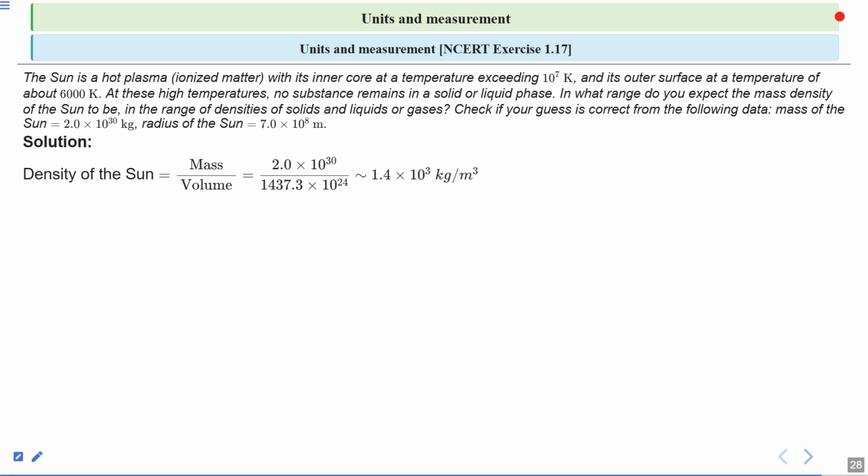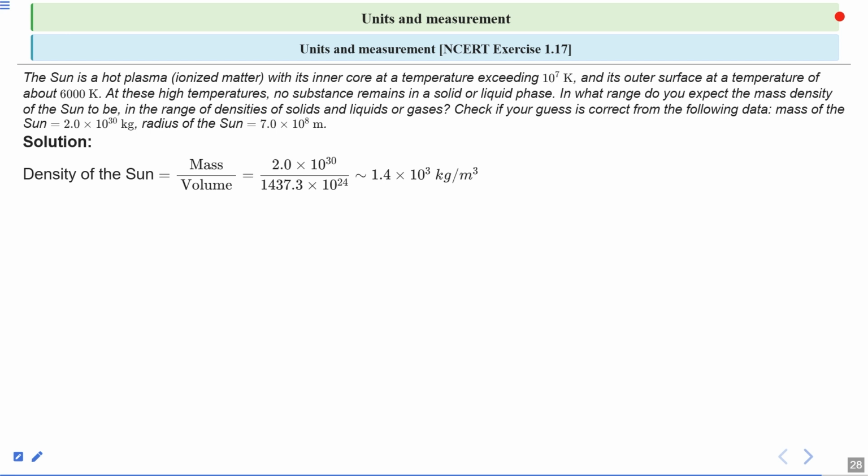So even though the temperature is so high, the sun is a hot plasma, so it is actually not liquid or gas or anything, right? It should have a density which is lower than gas. That is the thing we understand from here, because the temperature is so high, it should have a density lower than the density of a gas, but it has a density which is comparable to solid.